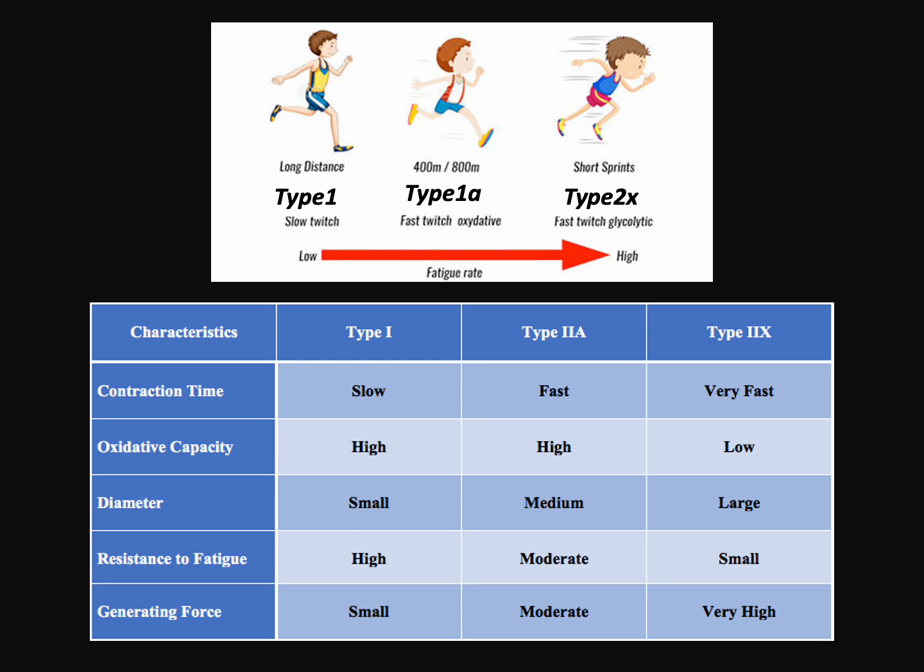So this is a summary again of primary characteristics of fiber types. Motor units are composed of muscle fibers with specific physiological characteristics that determine their functional capacity. So again, type 1 is slow twitch, type 2 is fast twitch.